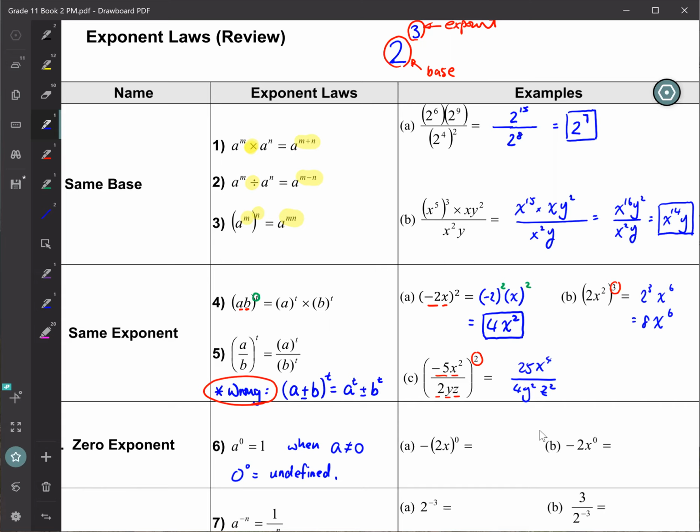Okay, so question A and B. On the right side, if you take a look, those two questions are very similar. The only difference is one has a bracket, the other one doesn't. So think about what difference it makes. Same thing, please raise your hand once you got the answer for these two. So will the answer be the same or different?